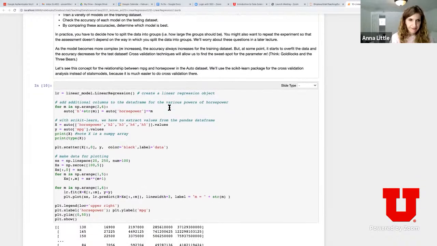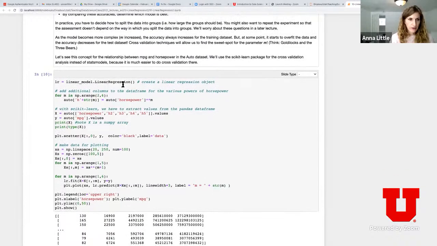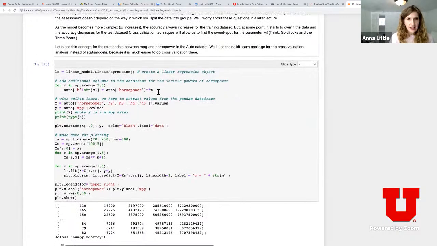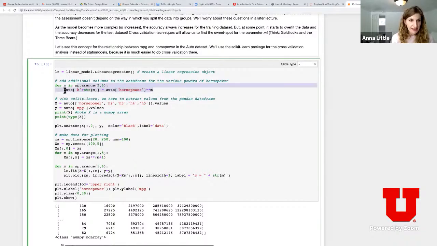First we can initialize a linear regression object. In some ways, scikit is not quite as user-friendly as the statsmodels OLS. Here we have to explicitly add in the columns into the data set that we want to consider.